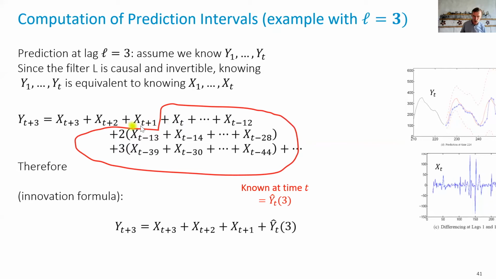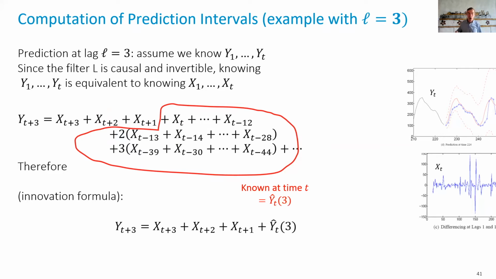This will be set to 0, and this will be equal to themselves because they are known. I know x t, etc. In other words, all this red bubble here is exactly the forecast I can do at time t for y t plus 3. So it is y hat of t plus 3.